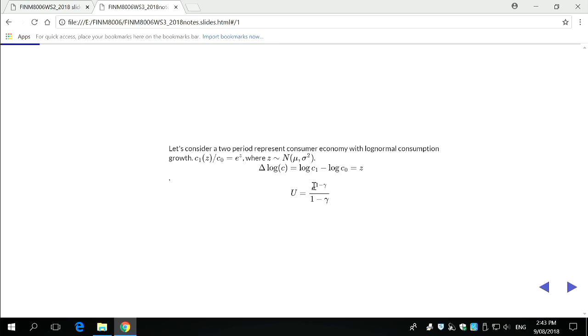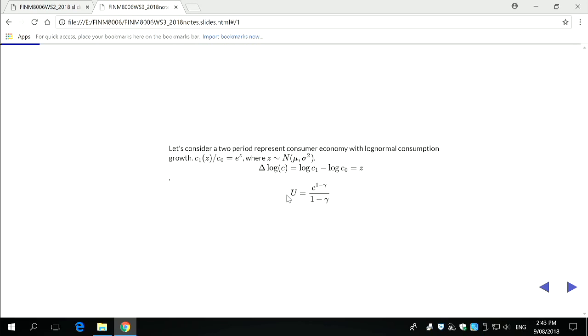All right, so if we assume log of consumption is growing at some z, okay? And then this z is normally distributed, right? So the consumption growth is log normally distributed, okay?